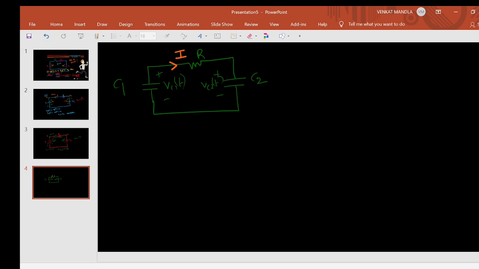So I want to write these voltages Vc1(t) and Vc2(t) as functions of time for any t greater than 0.